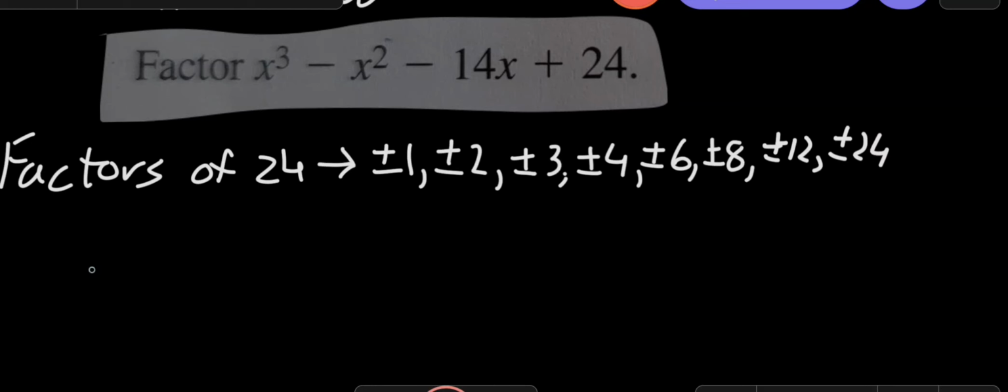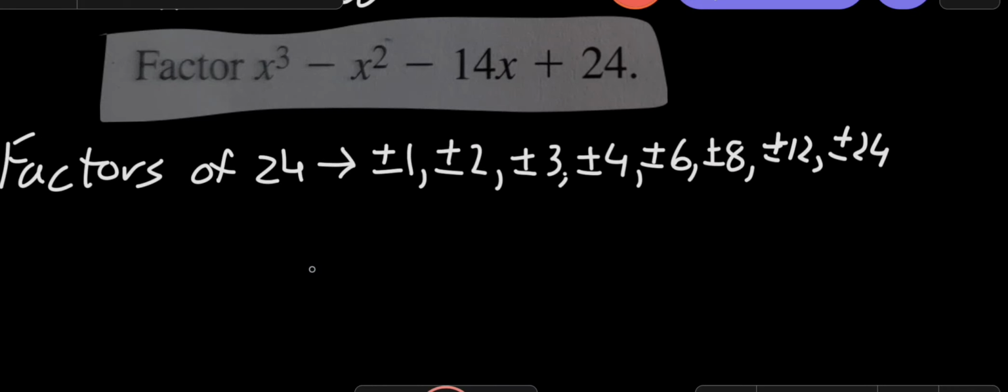So now we continue. We have to try these to see which one of these will give me a 0. Now, obviously, just because you have to try these doesn't mean you need to try all of them. Use a little common sense. For example, the constant is 24, and this is just 1. If I use 1, then the x cubed and x squared terms will be much smaller than these, so that's not going to give me a 0.